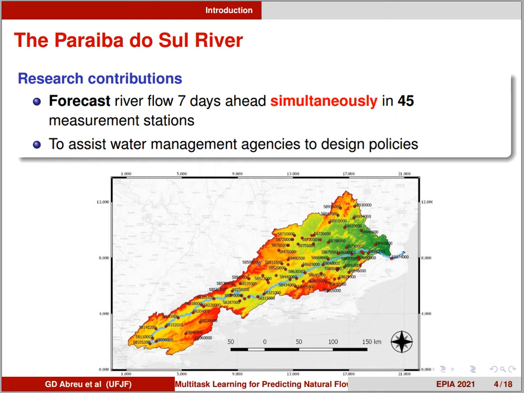Here we have a map of the river basin and all the stations along this basin, and they are identified by numbers.